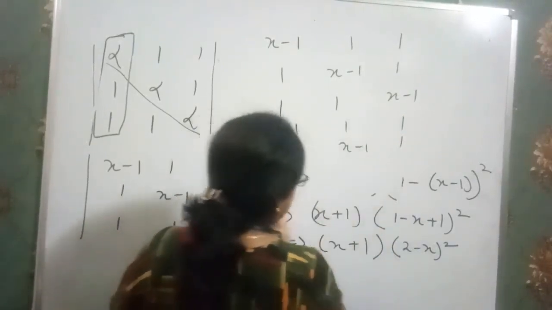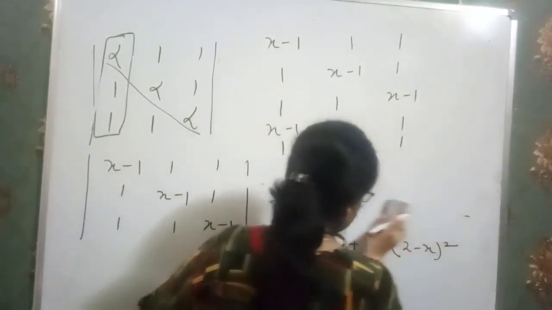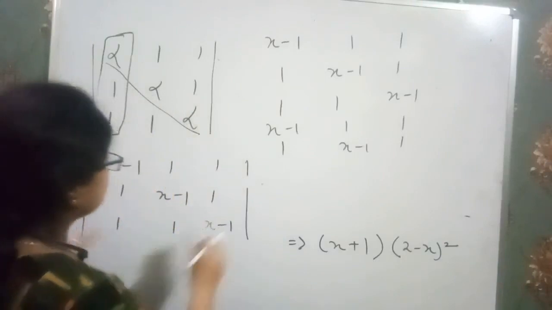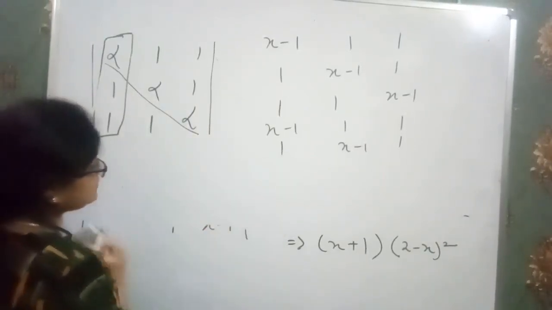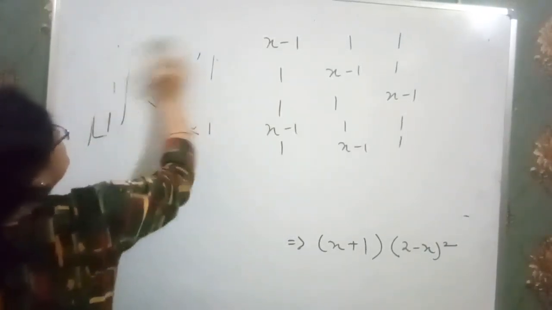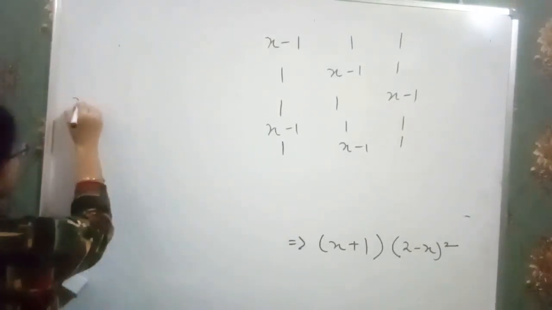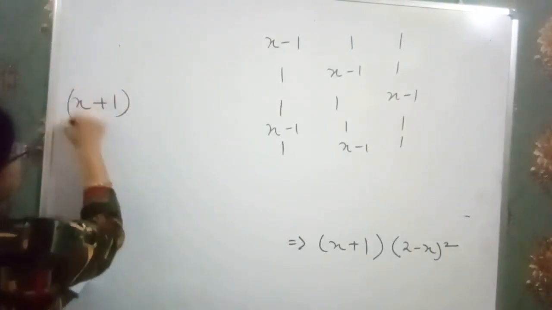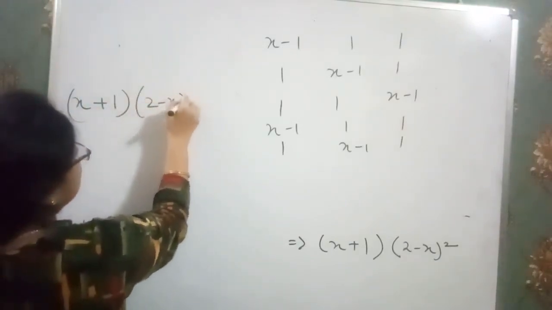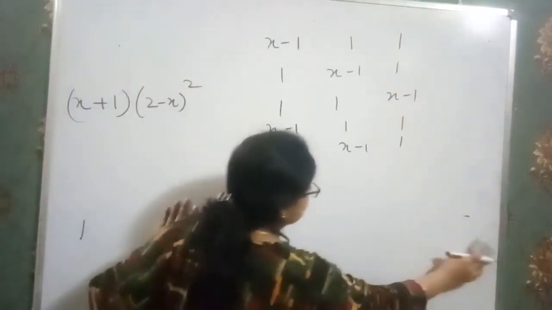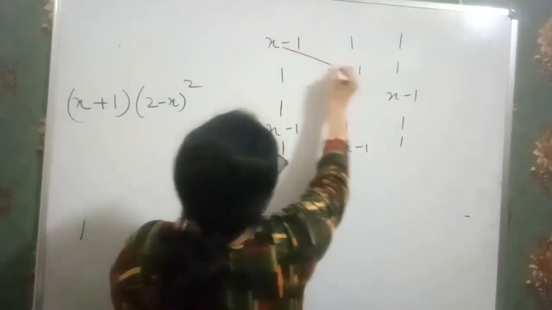Now we have this answer. Let us solve it to check whether it is correct or not. The answer which we got here is x plus 1 into 2 minus x whole square. So I am going to solve this by Sarrus method.